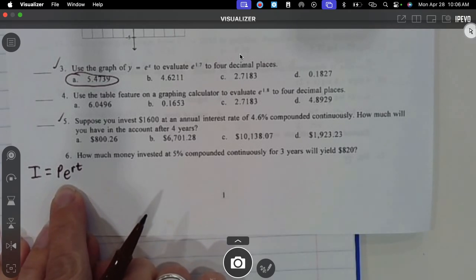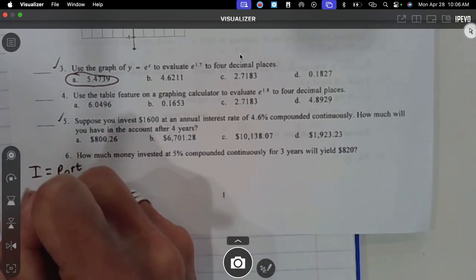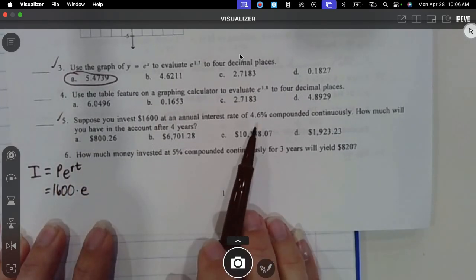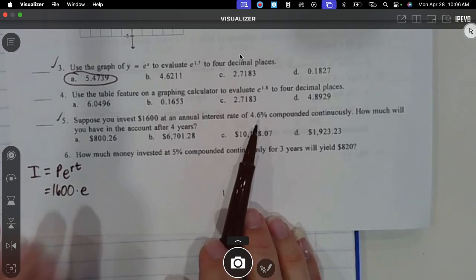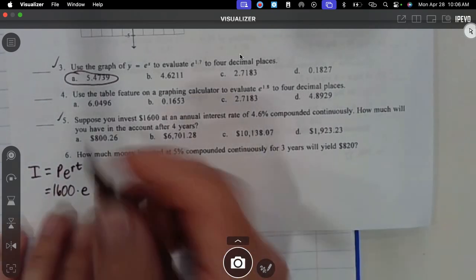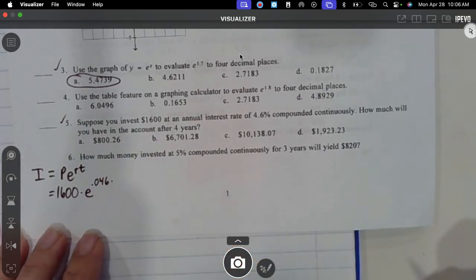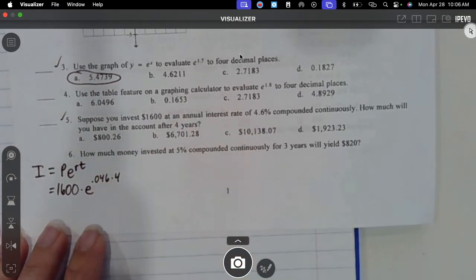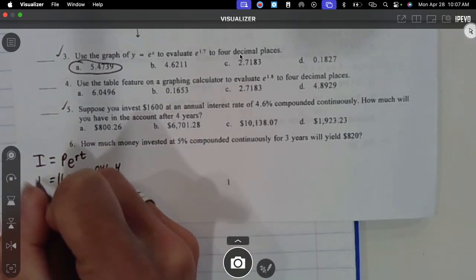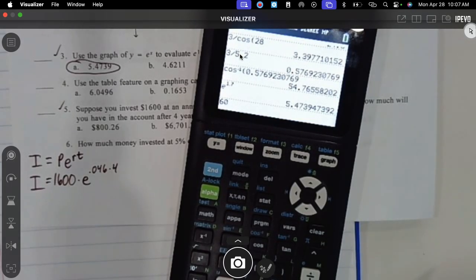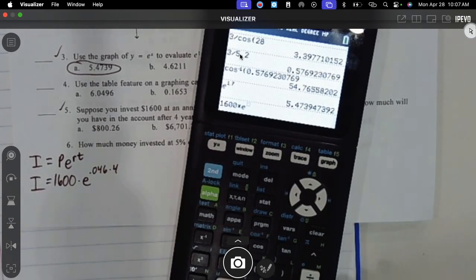P is your principal, your starting value. 1600 times E to the, what is my rate? 4.6 becomes 0.046. And then times my time, which is 4. And I plug all that in my calculator. That's great. It's all ready to go. So I would do, y'all, if I'm going too fast, y'all just got to say something. 1600 times E to the 0.046 times 4.